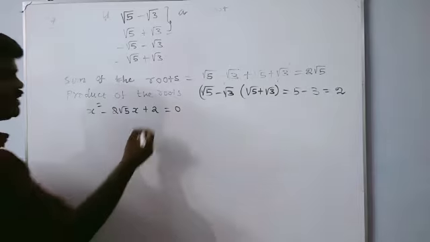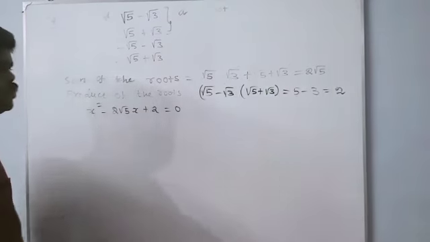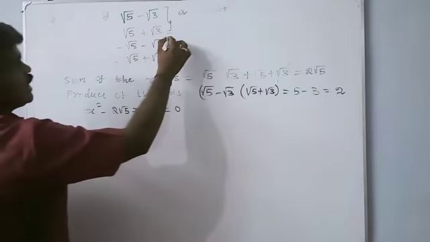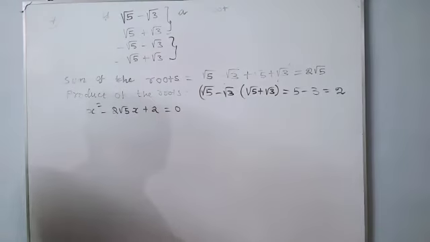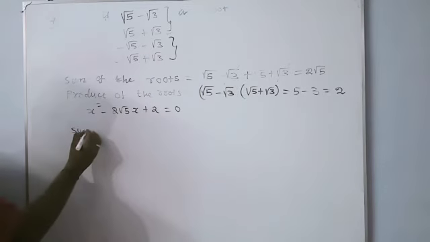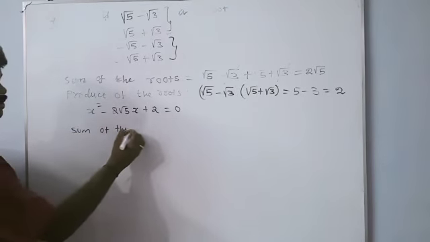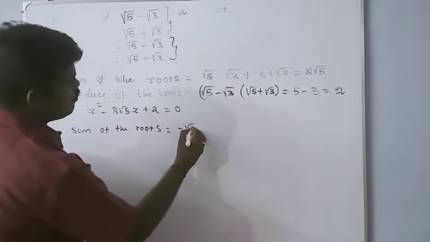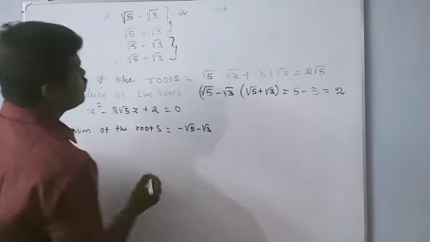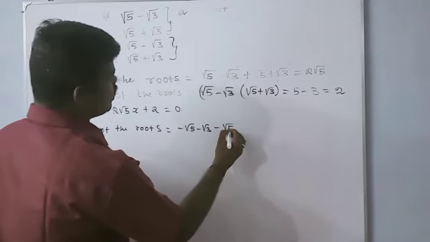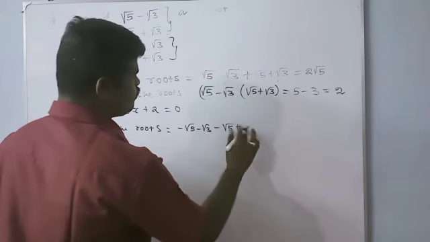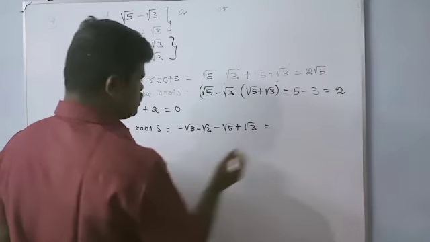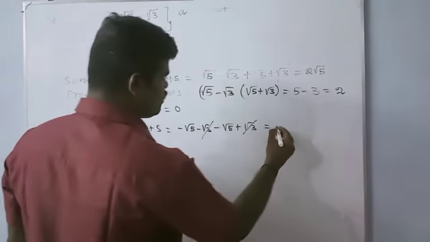The quadratic factors are these two. And take another set of two roots. The sum of the roots is again equal to minus root 5 minus root 3 and minus root 5 plus root 3. So cancel these two terms. What is the value?